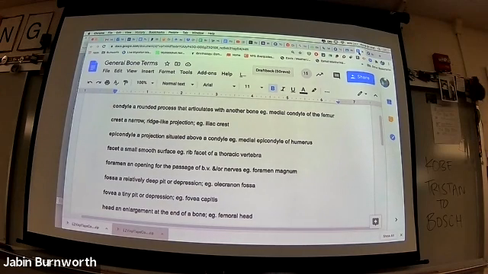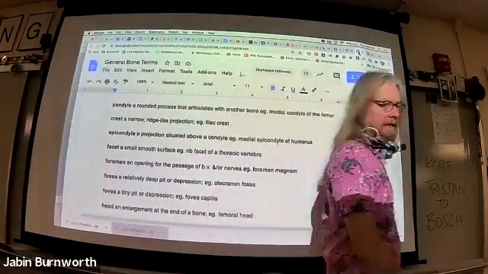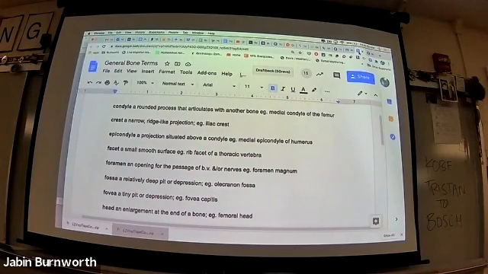A crest is a narrow ridge-like projection. On the hip, we've got the iliac crest, and you can feel that in your body. The epicondyle is a projection situated above a regular condyle. In this case, there's the medial epicondyle of the humerus.